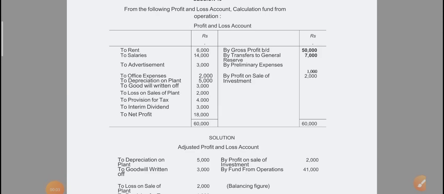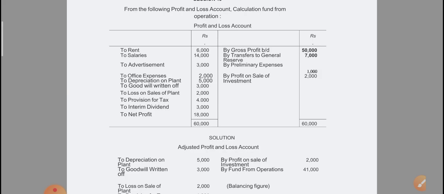I am Madhu Chetan. In this video class, let's prepare an adjusted profit and loss account from the given profit and loss account. Preparing an adjusted profit and loss account is the second step in the preparation of a fund flow statement.